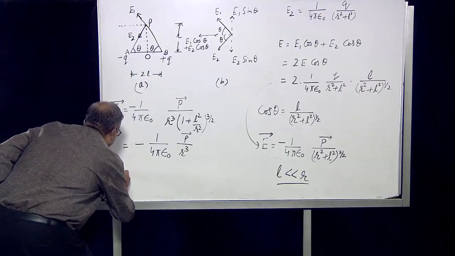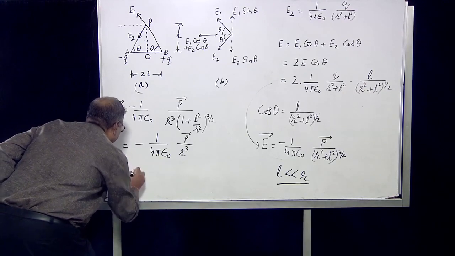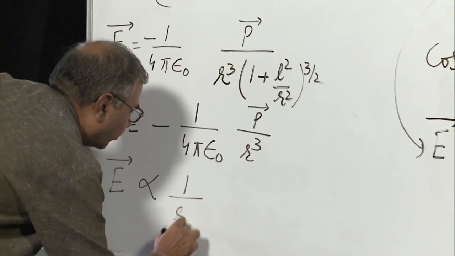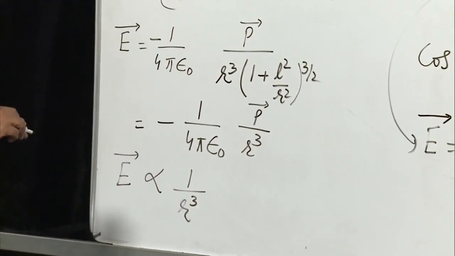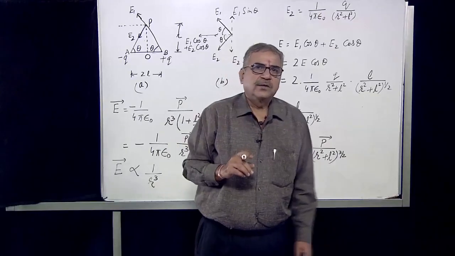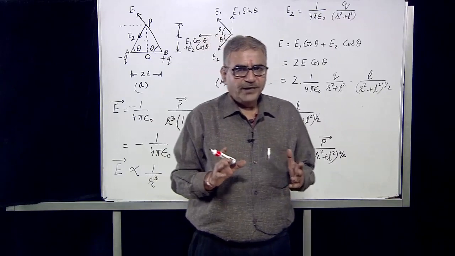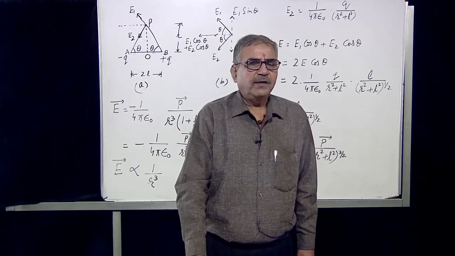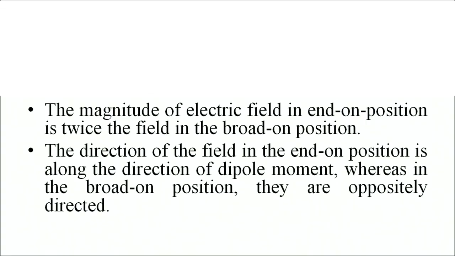Again we find out that the electric field E in this situation is proportional to 1 upon R cube. So now I will summarize the points which we have found here. The magnitude of electric field in end-on position is twice the field in the broad-on position, means the magnitude of electric field in case of axial line is double than the field on the equatorial line.